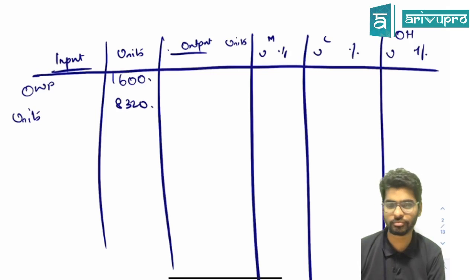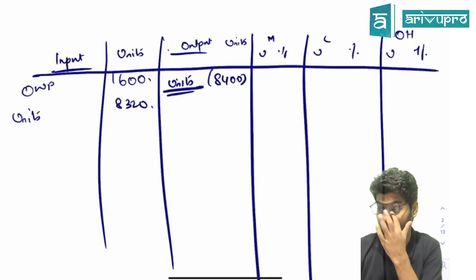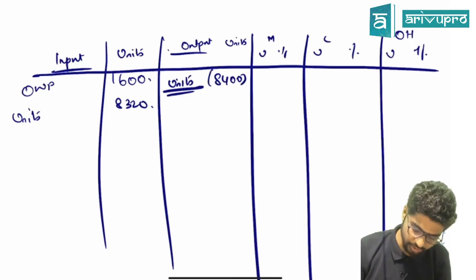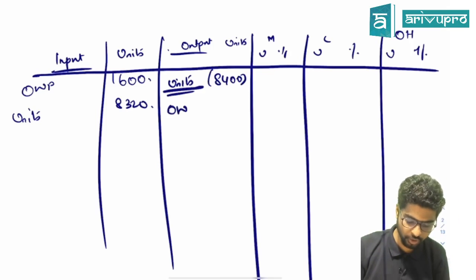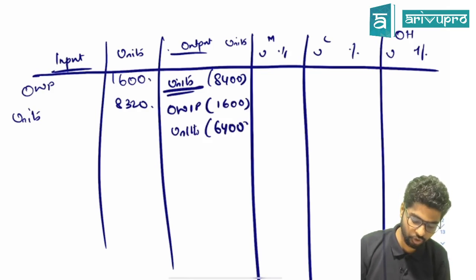FIFO. When I am taking FIFO, now see here, what are the units completed? Units completed is 8400, correct? That means out of 8400, because of my opening WIP, that's going to be 1600, and the balance units will be 6400. Yes or no?